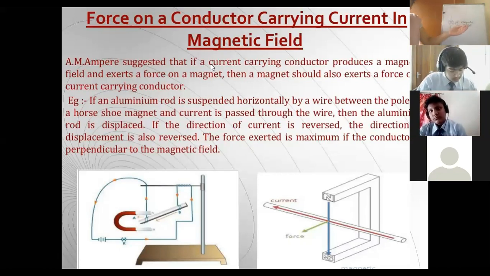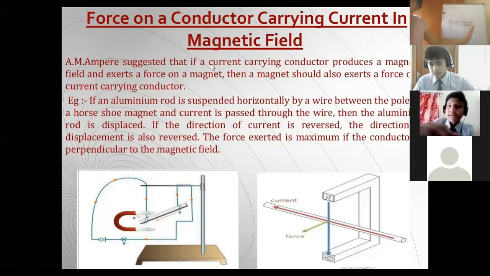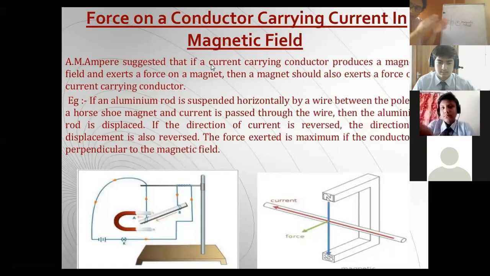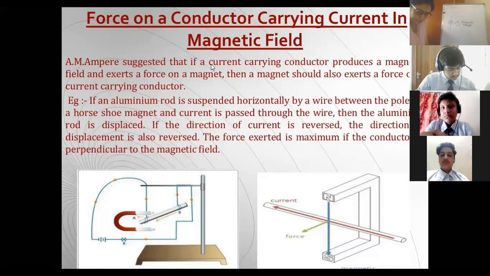So if this is true, is its reverse also true? If a current carrying conductor creates a force on a magnet, then when there is a magnetic field because of a magnet, will it exert a force on a conductor? The answer is yes.